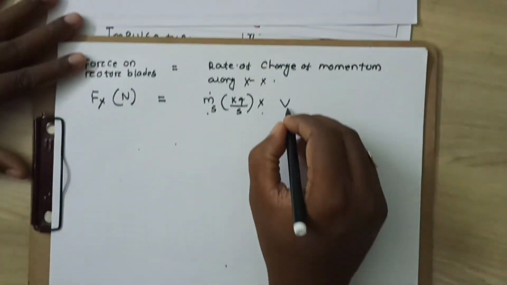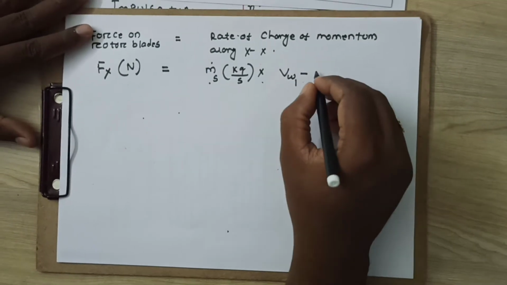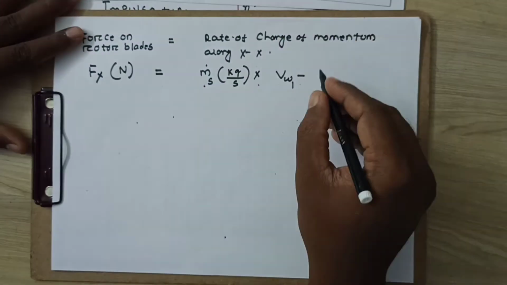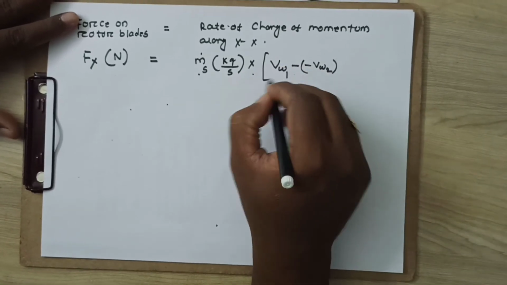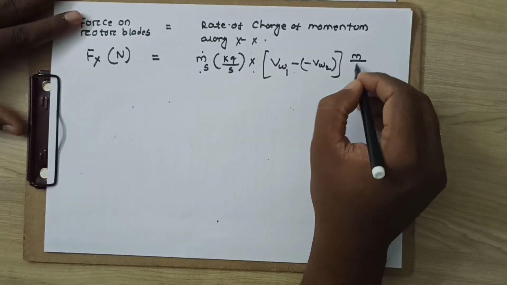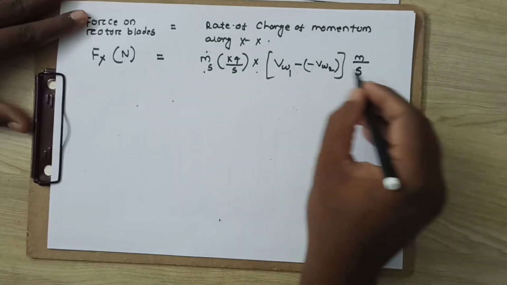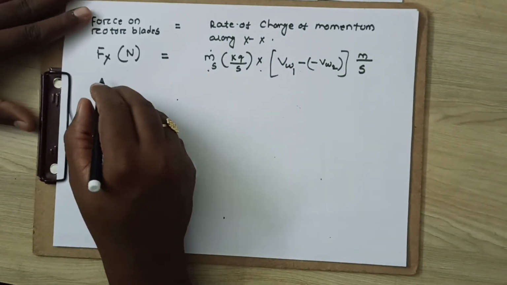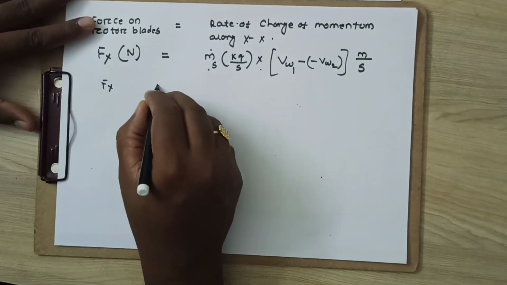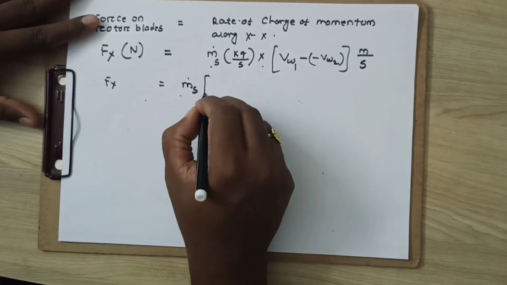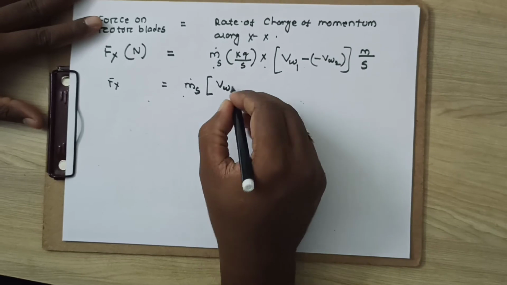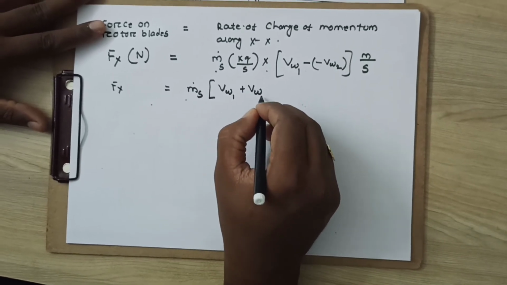So this will be Vw1 minus Vw2, taken in opposite order, so Vw1 plus Vw2, again in terms of meter per second. So kg meter per second square, this is again Newton. So Fx, the force developed along this x direction, is mass flow rate of steam, m dot s, into Vw1 plus Vw2.